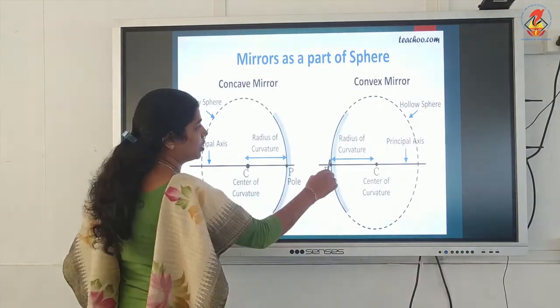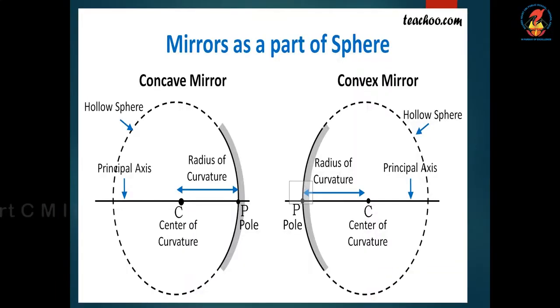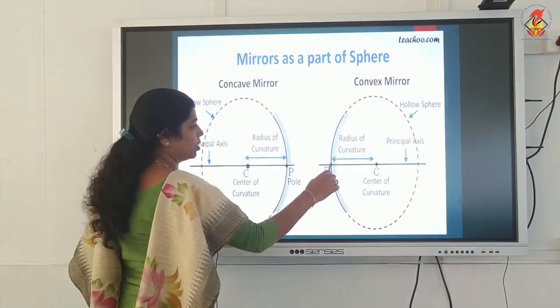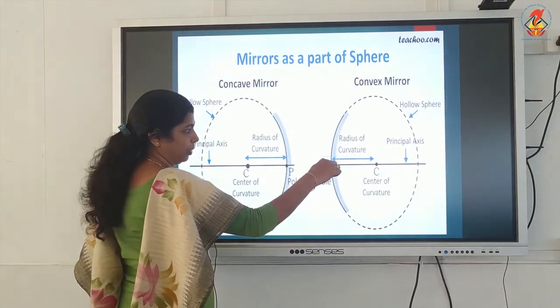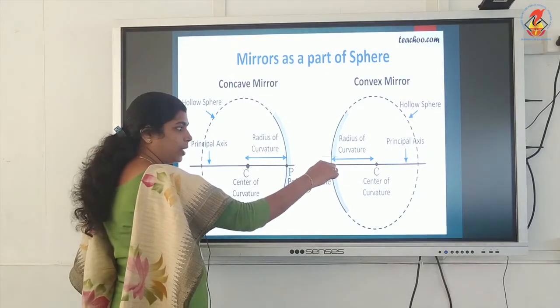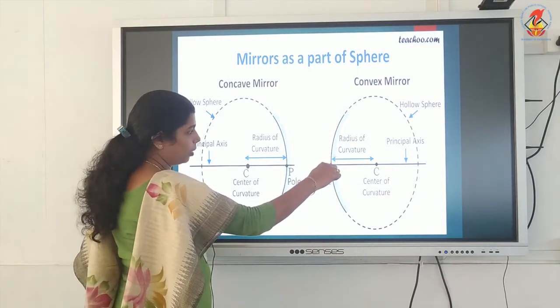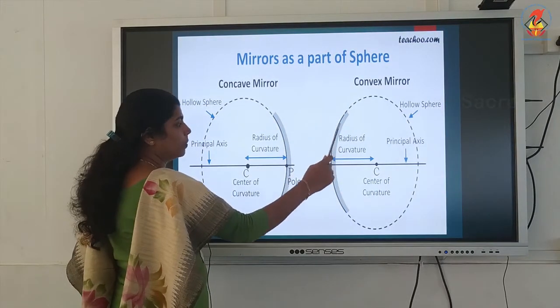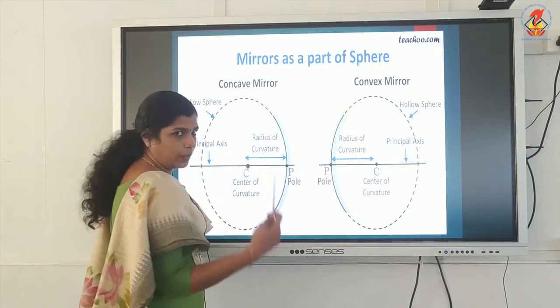This portion is the convex mirror because the reflecting surface is curved outwards. The center of this reflecting surface is known as the pole of the mirror. It's represented by the capital letter P. The spherical mirror is taken from a sphere.